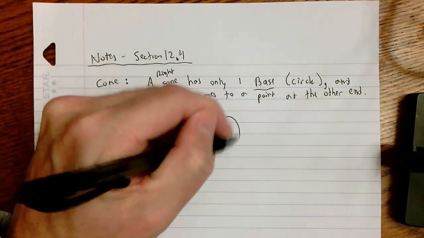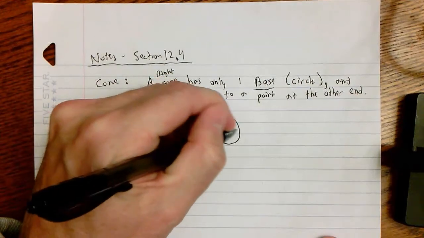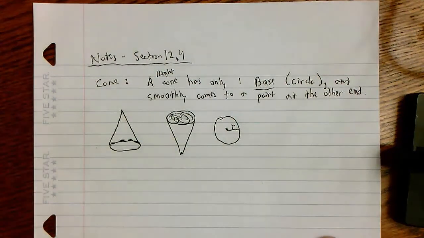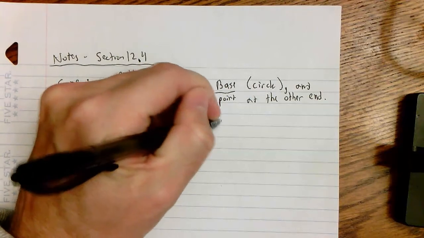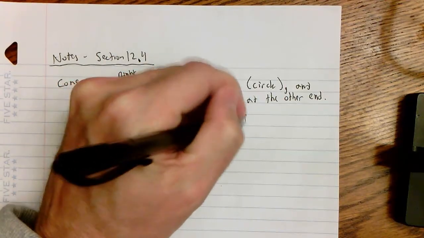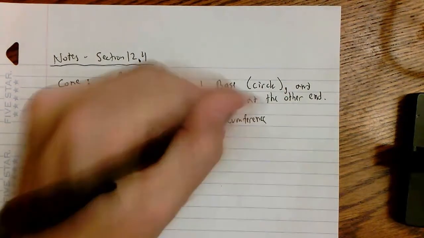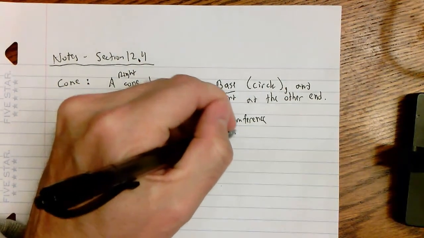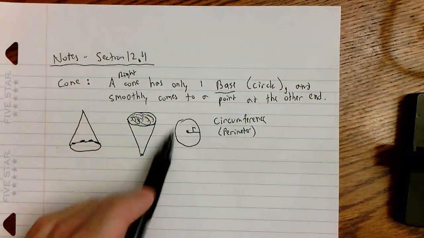Alright, so I'm just going to draw a circle over here. Now, the important thing about this circle is R, what we learned yesterday, from the center to the edge. The important thing is the radius. But today on Delta Math, they are sometimes going to give you the circumference of that circle. Circumference means perimeter. It's the distance around the circle.